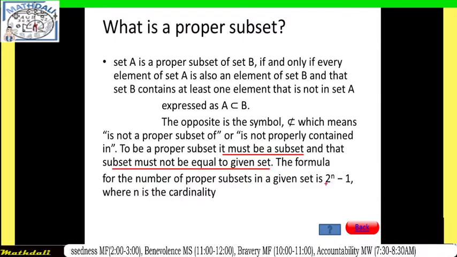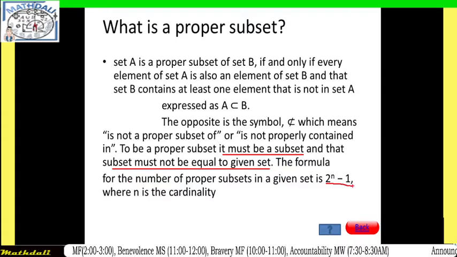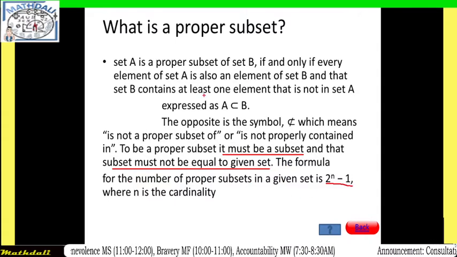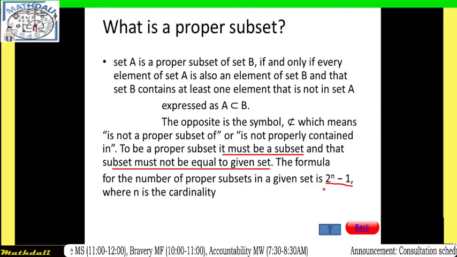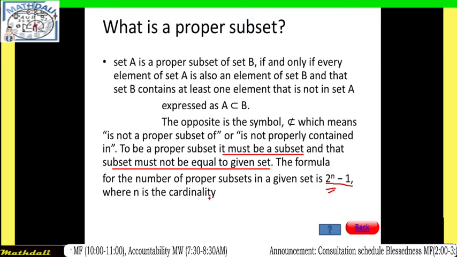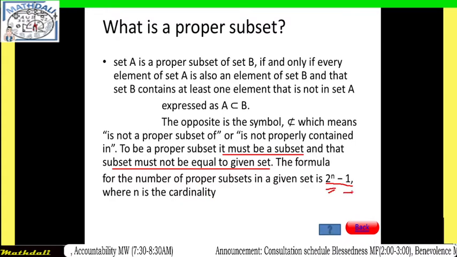Okay, so ito yung ating formula para malaman natin kung ilan yung proper subset ng given set. So, kanina, ito yung formula natin para malaman kung ilan yung subset ng given set. Ngayon naman, para malaman kung ilan yung proper subset, dadagdag natin tong less 1, minus 1.